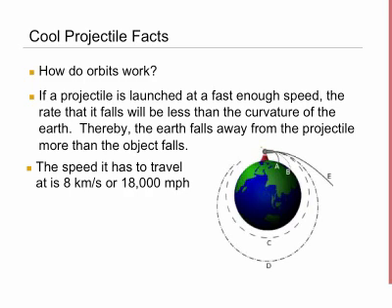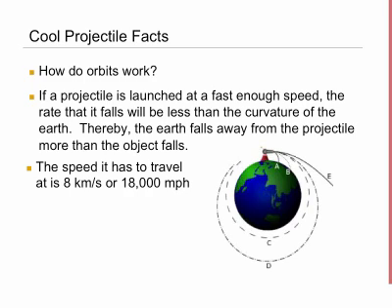But it keeps moving forward with that horizontal component, and it keeps falling at the same time. And that's what we mean by an object experiencing free fall gravity. It's experiencing gravity, but it's falling at the same time, and the curvature of the Earth is also falling away from it, thereby causing it to go into orbit.